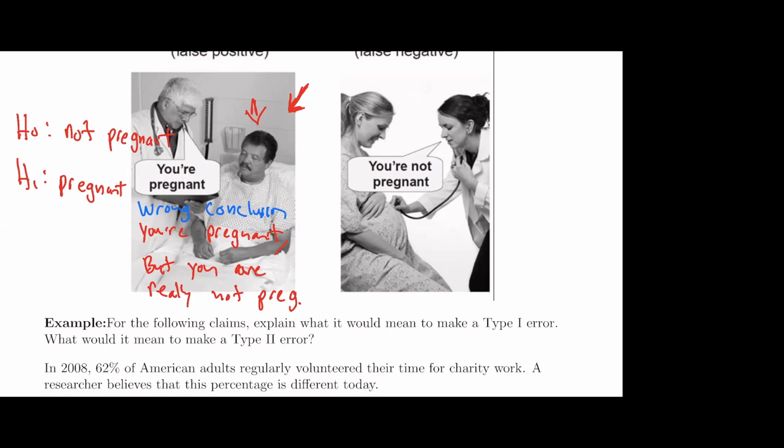So let's look at this doctor over here. This doctor is telling this female she is not pregnant. But by the way the female looked, does she look pregnant or does she not look pregnant? Yeah, so she looked pregnant.